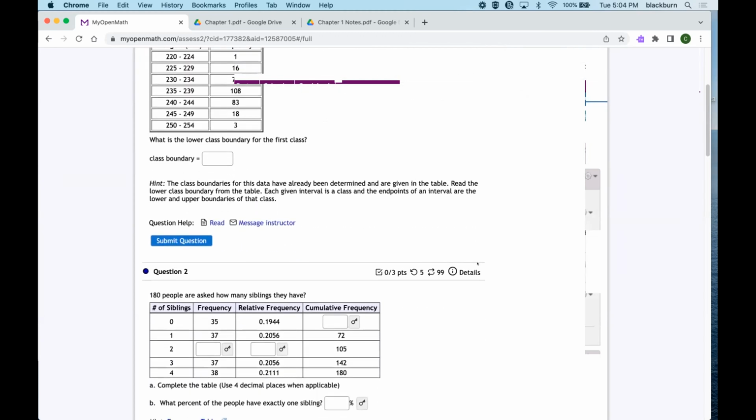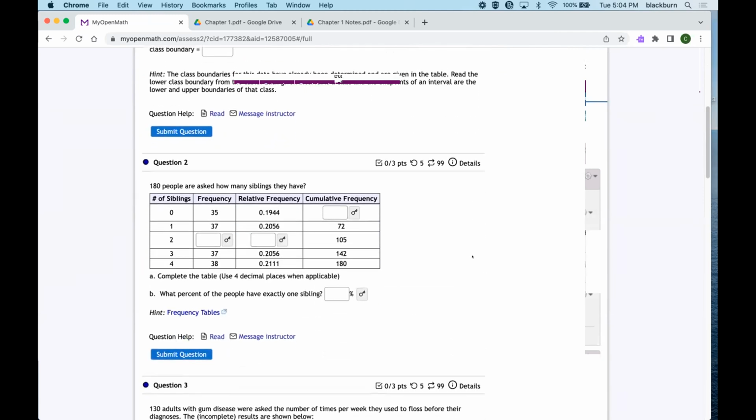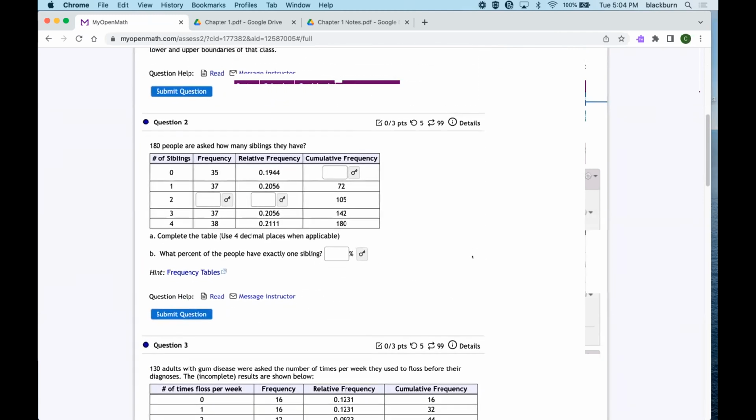Might be where they're going over number 2. So 180 people are asked how many siblings they have. 0 siblings happened 35 times. So that relative frequency would be 0.1944, and where they get that is they divide 35 by 180.